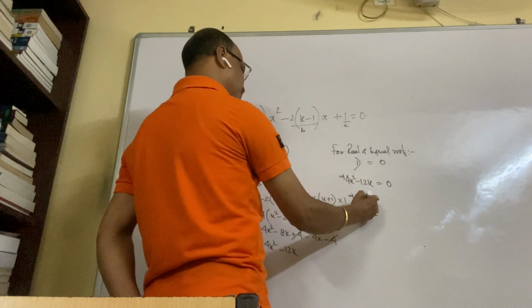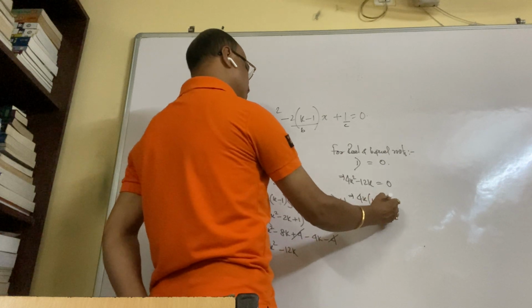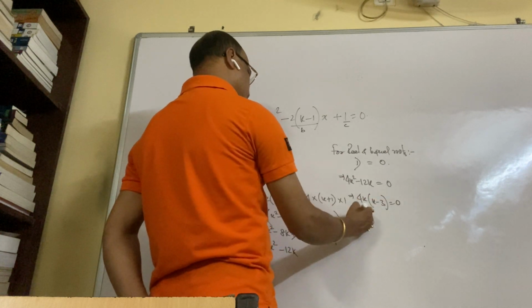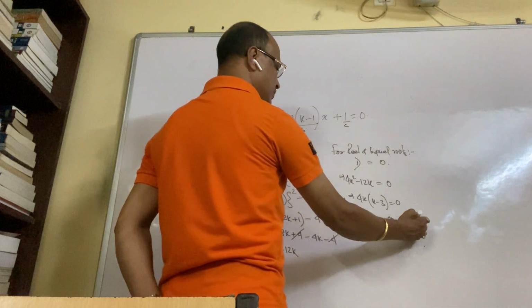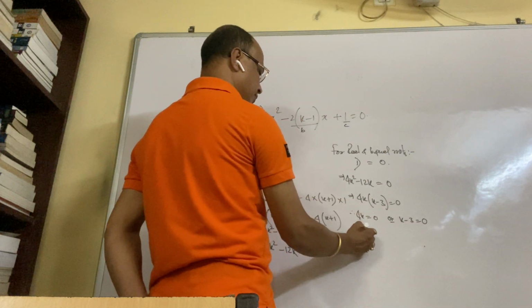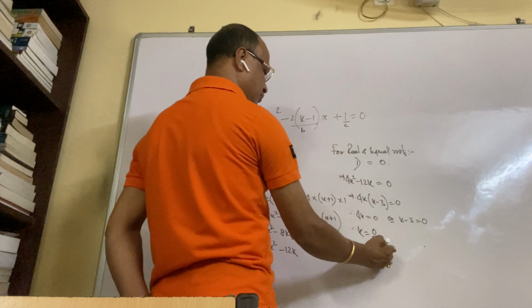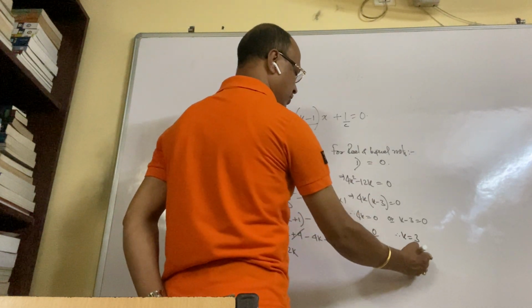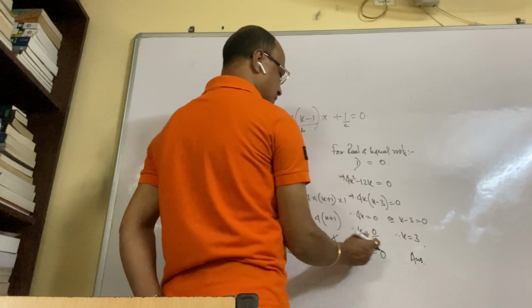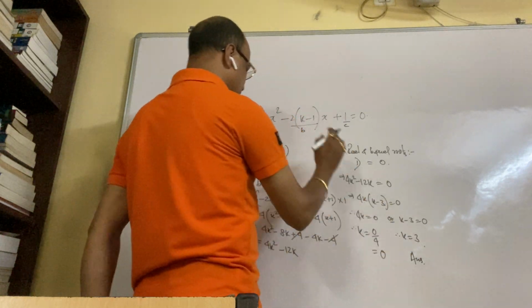So take out common 4k, then k minus 3 should be 0. So either 4k equal to 0 or k minus 3 equal to 0. So from here k equal to 0 divided 4, 0 divided 4 means 0, and from here k equal to 3. So these are the two answers. Either k value is 0 or k value is 3.